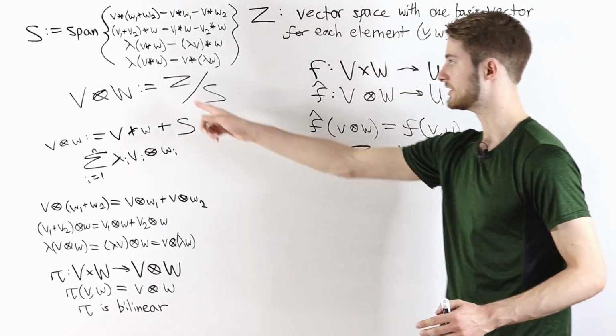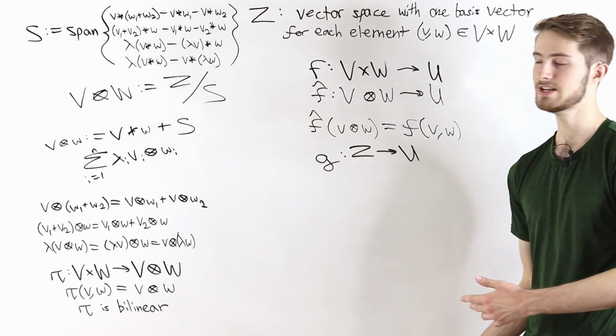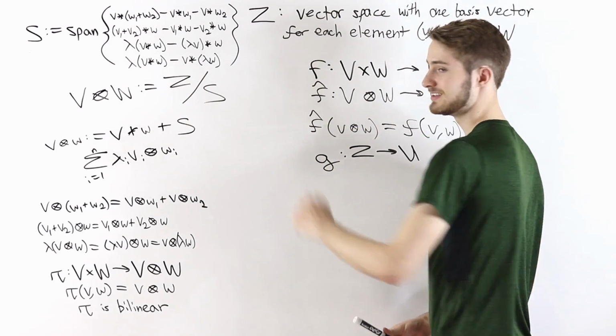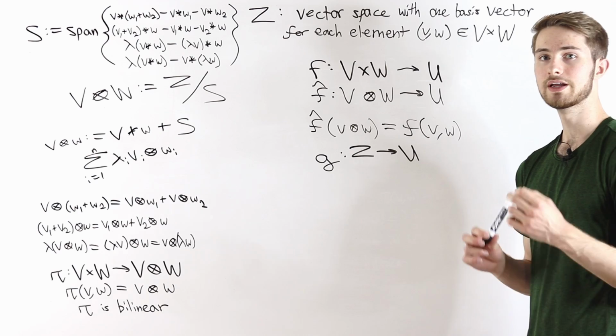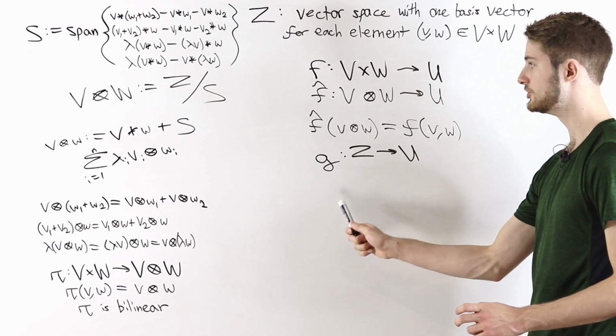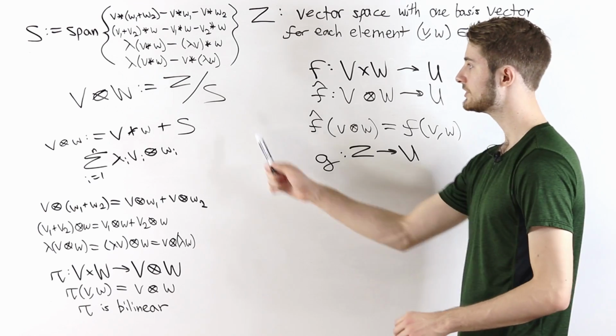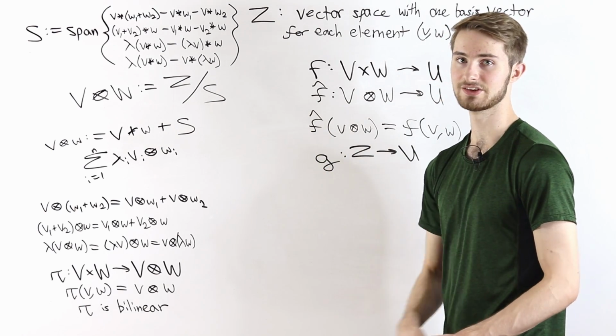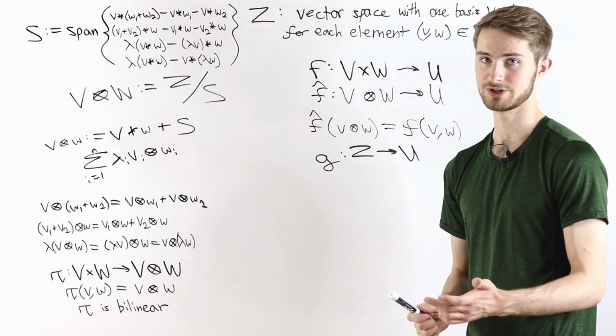Once we have a function on Z, we somehow want to turn it into a function on the quotient space Z mod S. And it turns out that the way we can do that is to check that the function g is 0 on every single element of this subspace S that we use when we're taking the quotient.